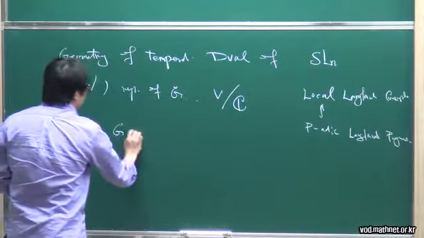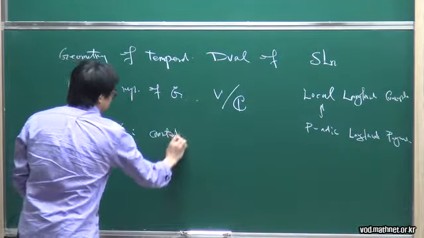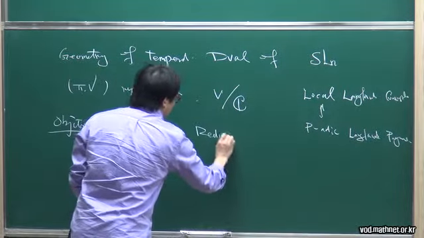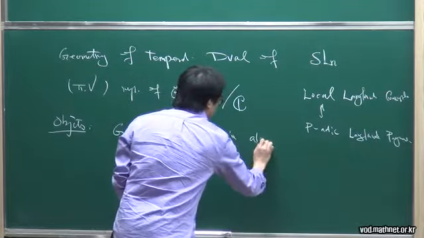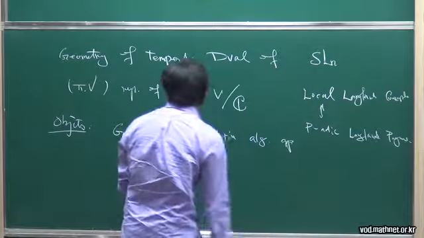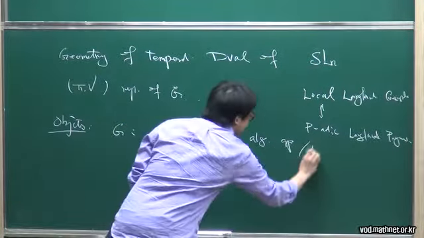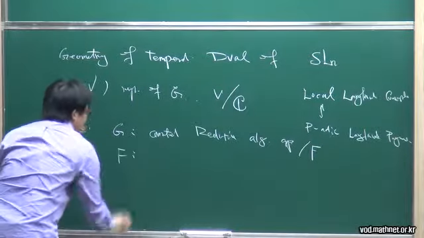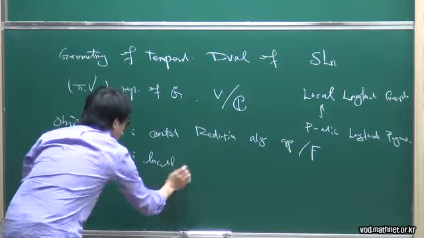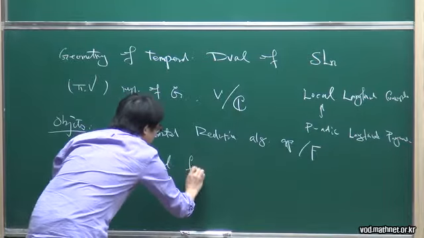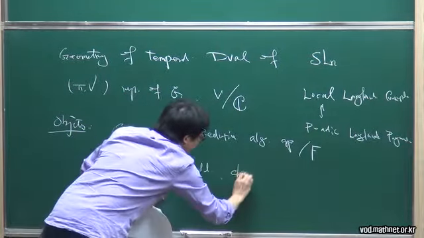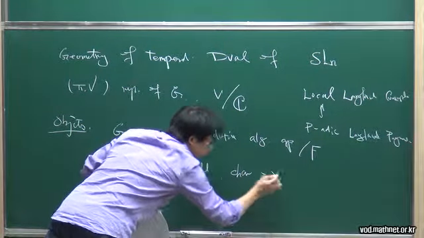G is a connected reductive algebraic group over F, and F here is a local field with characteristic 0.